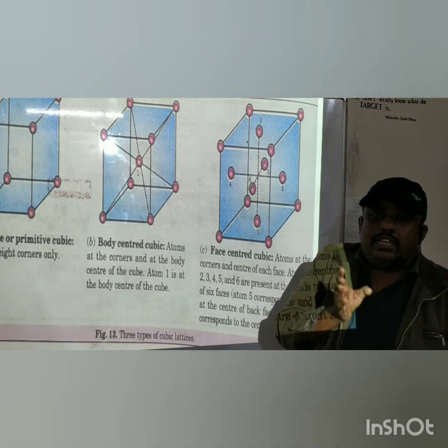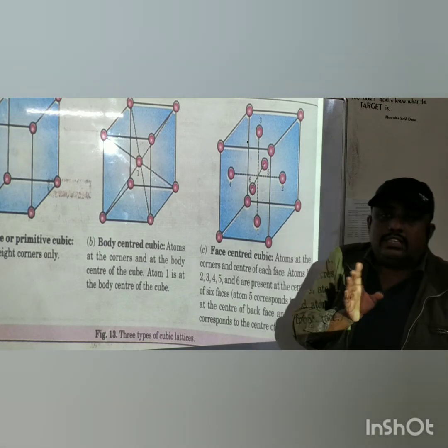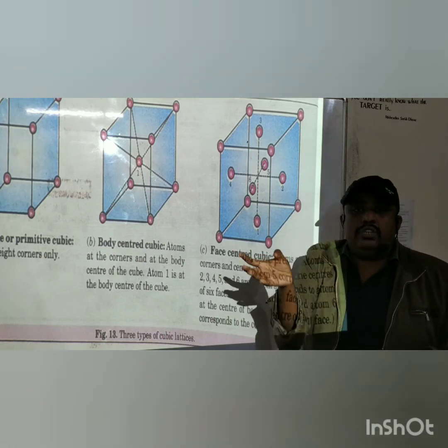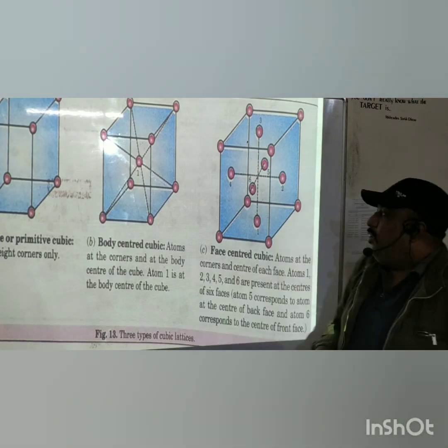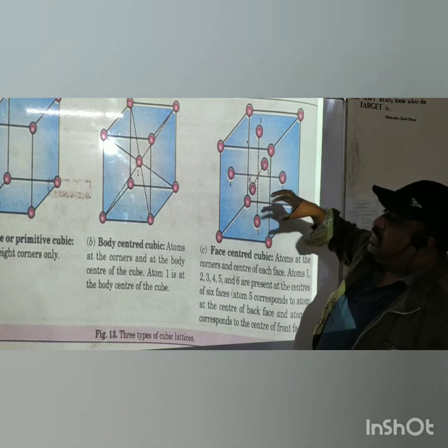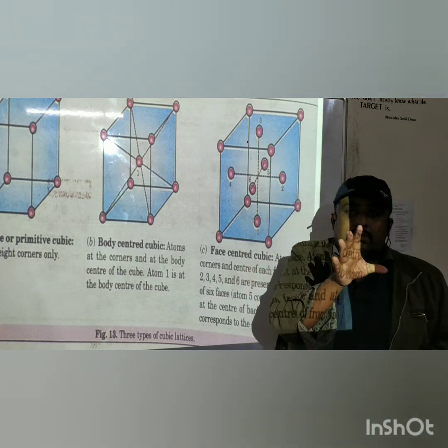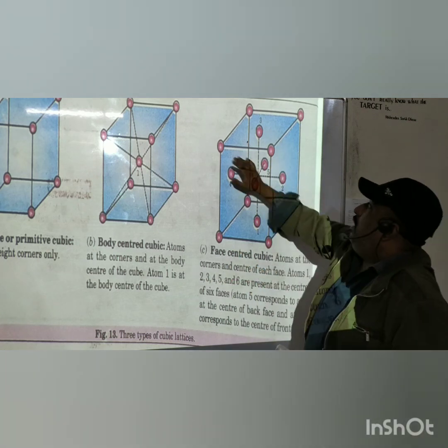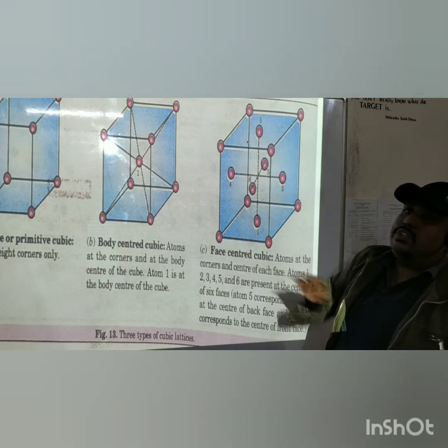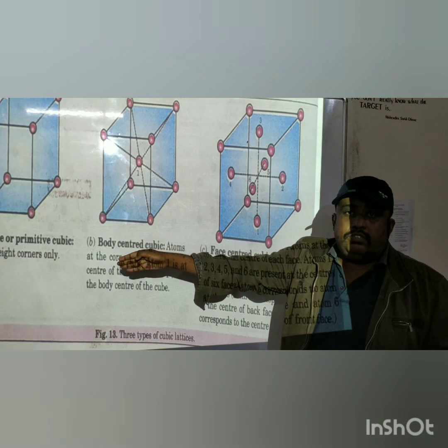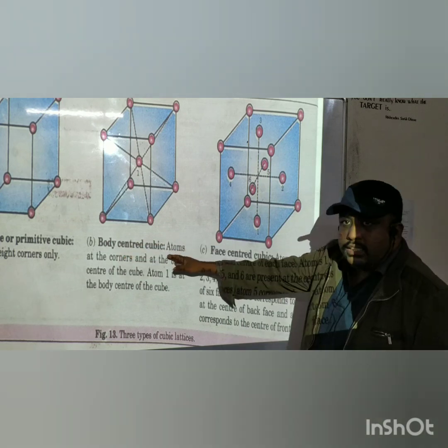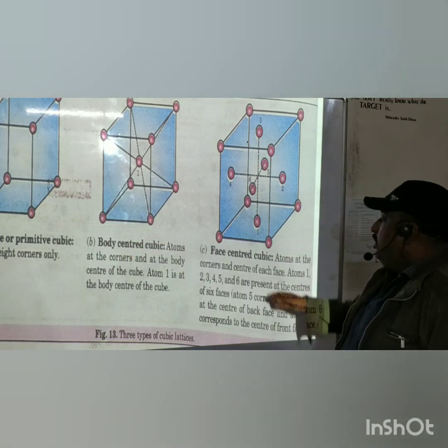We know a cube has got 6 faces, okay? Just like in Ludo, you have played Ludo in your younger days, or maybe you are still playing in lockdown days. So at the center of all 6 faces of a cube there are atoms placed, plus there are atoms placed at the 8 corners. So that's how you classify the simple or primitive cubic unit cell, then the body-centered cubic unit cell, and then the face-centered.